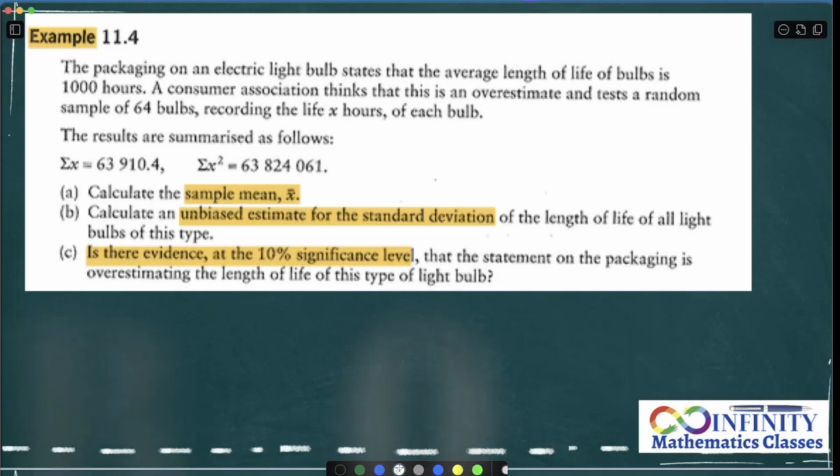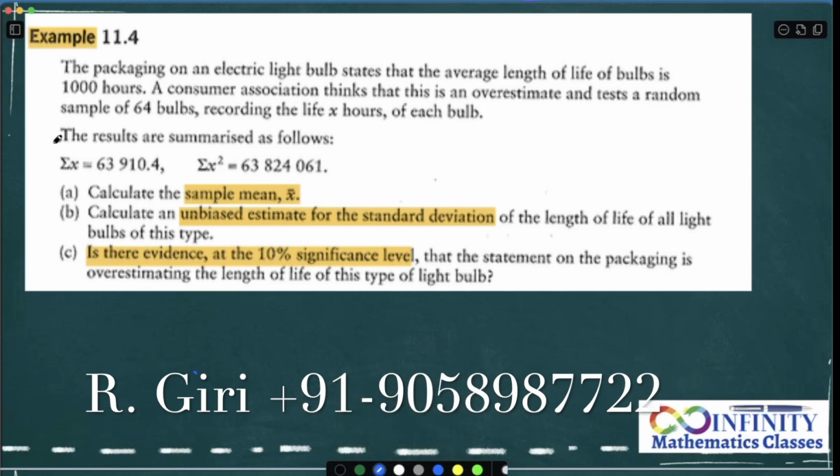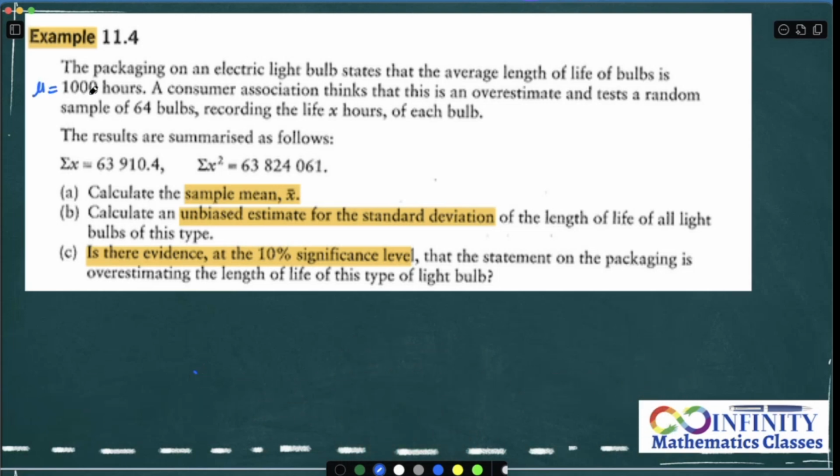It is given to you; I can consider this as mu. The consumer association thinks that this is an overestimate. That means the actual is less than 1000. They test a random sample of 64, and this is the value of n for you. They recorded that summation x is 63910.4, and summation x square is given to you.